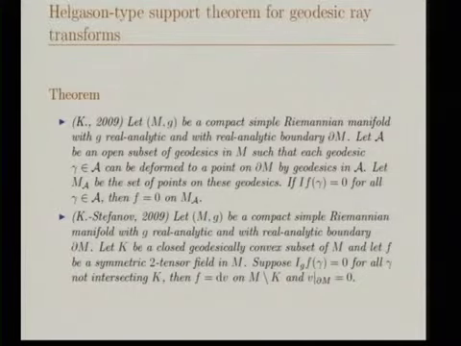And suppose you have that the integral of F, where F is a symmetric two tensor field, is equal to 0 for all geodesics gamma not intersecting K, then F is equal to dV with V on the boundary equal to 0. And this is the best that you can achieve, because any symmetric two tensor field of the form dV, where V is a vector field that is 0 on the boundary, lies in the kernel of this geodesic ray transform.